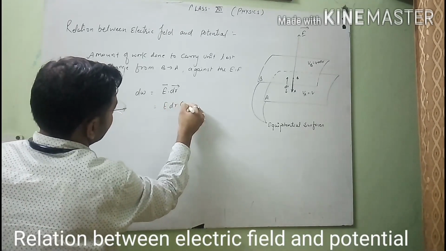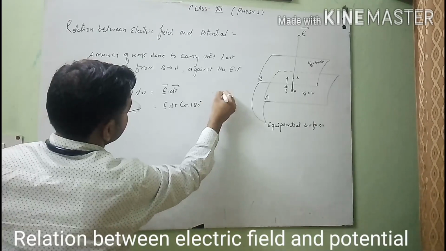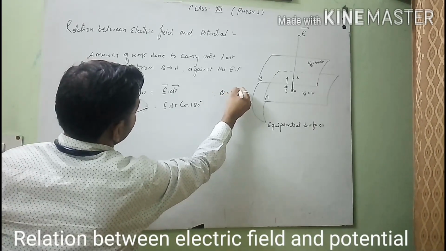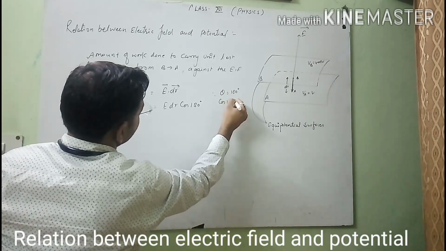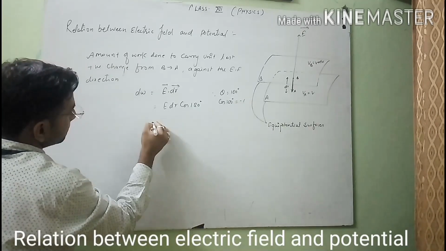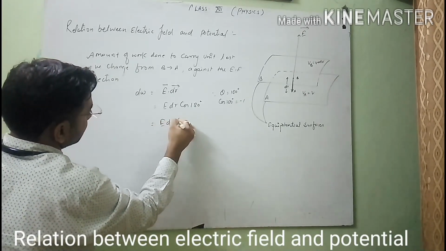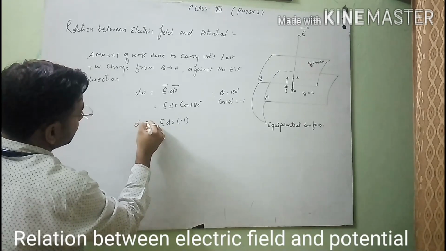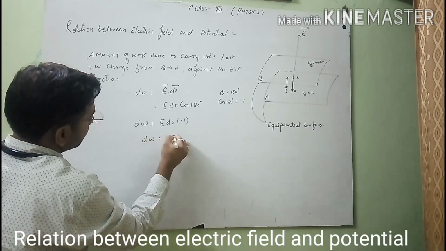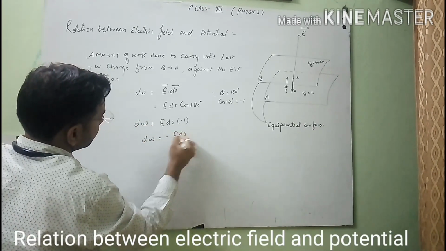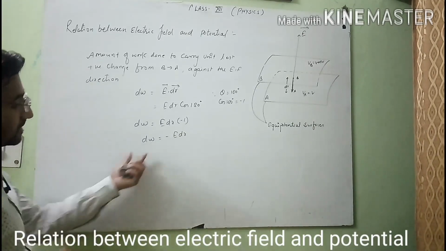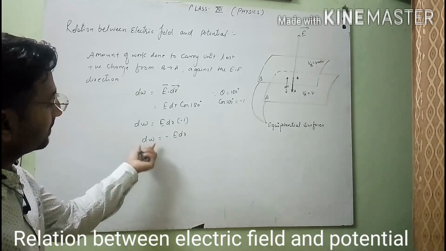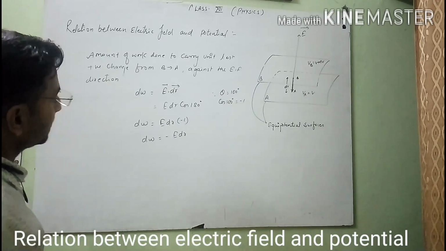So E dr cos 180 degrees. Since theta is 180, and you know that cos 180 is equal to -1, dW equals -E dr. So your work done will be E dr with a negative sign. This is the work done which you have done against the electric field.